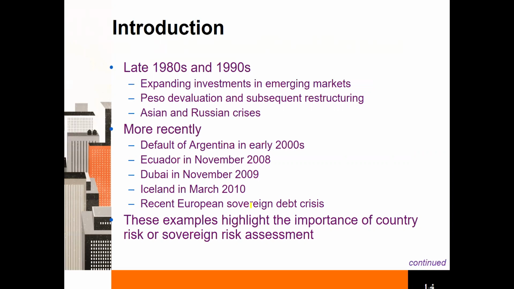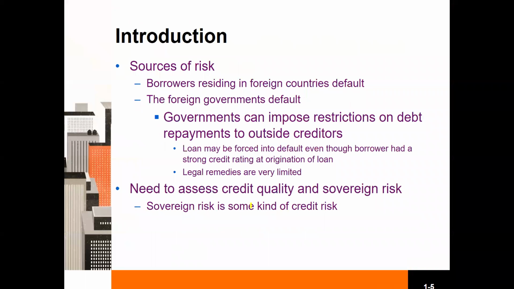So in this chapter, we are mostly discussing sovereign or country risk. First of all, we need to understand clearly what the source of sovereign risk is. In understanding the sources of sovereign risk, we will essentially understand the difference between credit risk and sovereign risk. To understand the difference between sovereign risk and the credit risk on a loan or a bond, let's consider what happens to a domestic firm that refuses to repay or is unable to repay its loan.